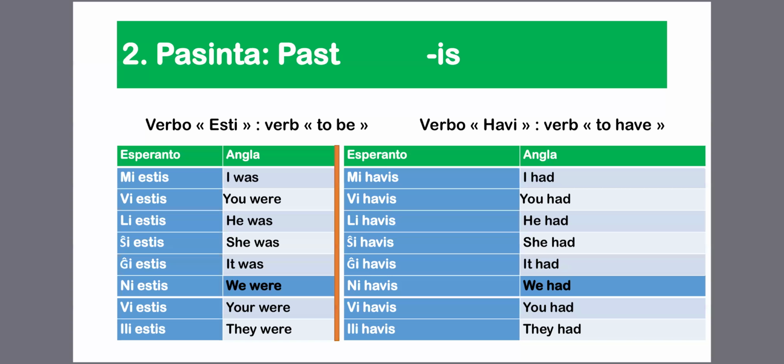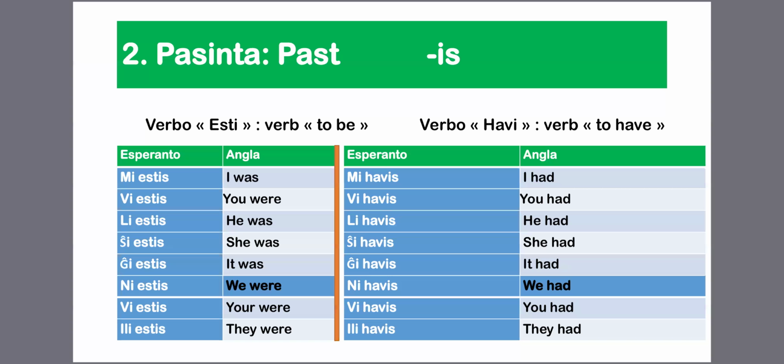But with the other pronouns, it is estis in Esperanto. Li estis, he was. Ŝi estis, she was. Ĝi estis, it was. Ni estis, we were. Vi estis, you were.